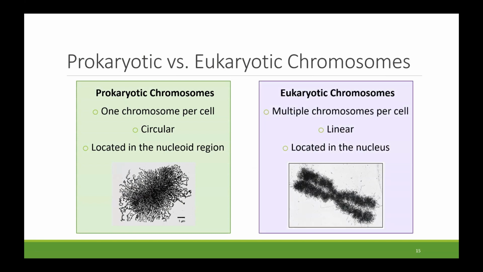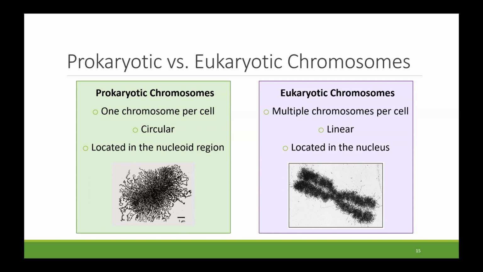But eukaryotic cells, on the other hand, they look a bit different. They have multiple chromosomes per cell instead of just one. And those chromosomes are linear in structure, meaning that the double-stranded DNA is not a loop, it's a line, and the ends of the line don't join together. And these chromosomes are located in the nucleus, which is a special compartment that's sectioned off from the rest of the cell by a membrane.